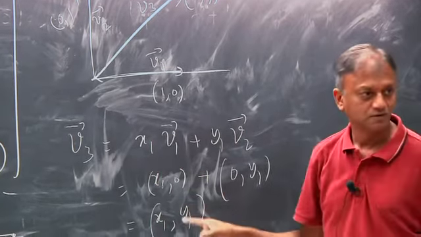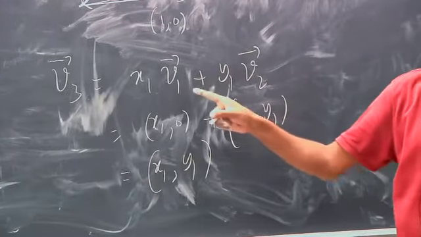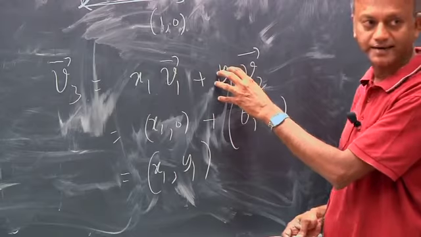Right? So this is true. v3 is indeed a linear combination of these 2: some number times v1 plus another number times v2.